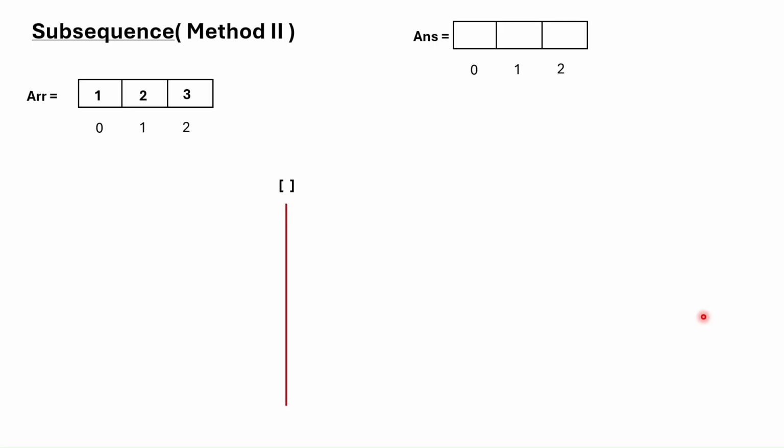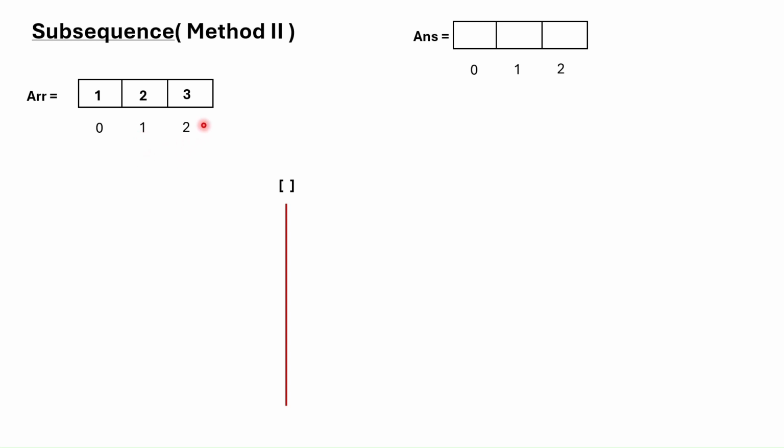So let us now look at the second method for printing the subsequence. In the previous pick and not pick method, we were looking from this array's point of view. We were going to each and every element of this array and asking whether I should pick it or not, pick it or not, pick it or not.